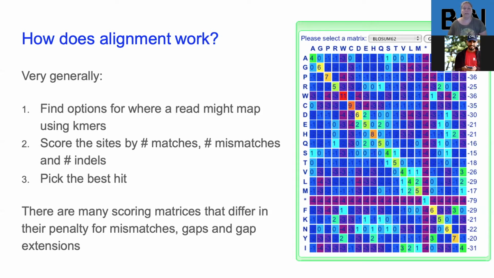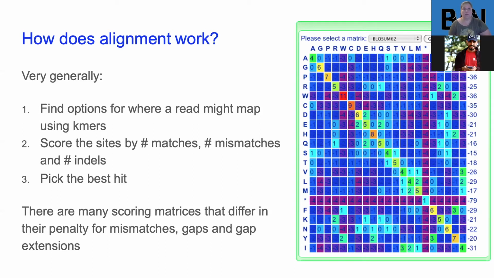And that is your alignment score. Now, as you compare the reads to different positions in the reference genome, each one of them is going to have a score. And what you're going to want to do is pick the best score, the highest score, which has the least number of mismatches and indels. But of course, it's a little more complicated than that, and the highest number of matches.